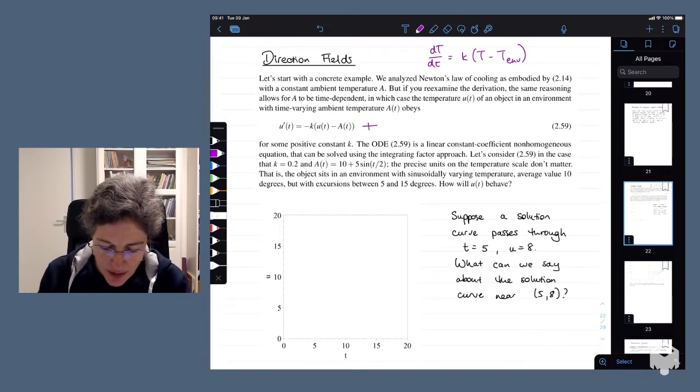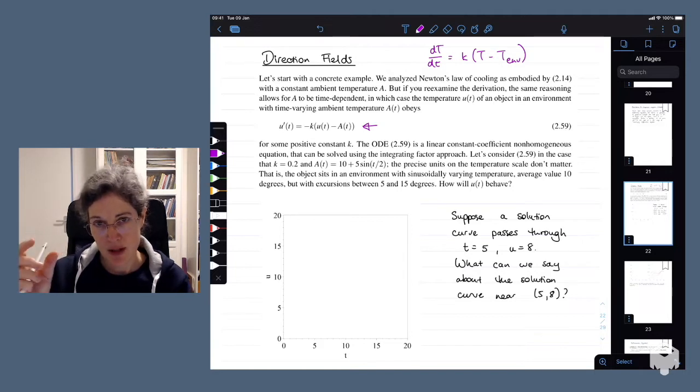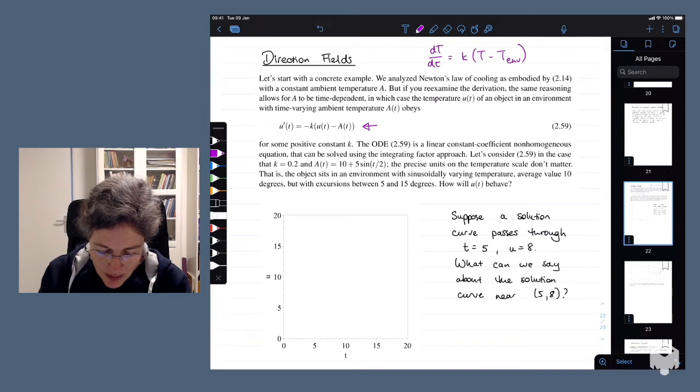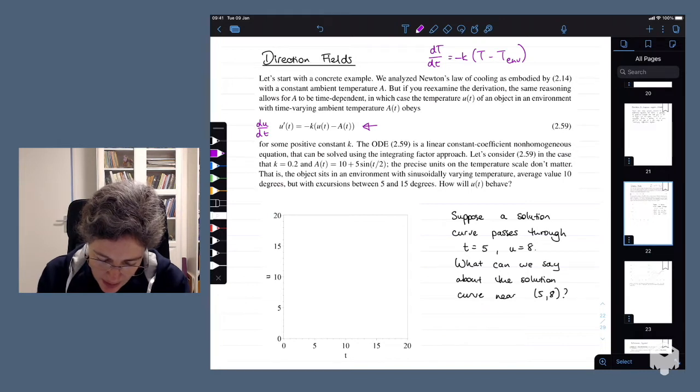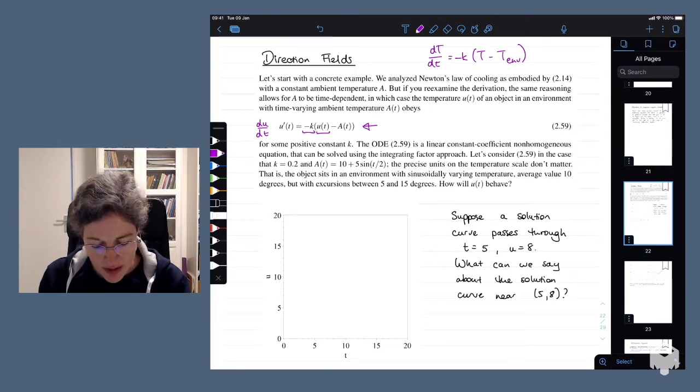I'm replacing my big T with a U, so that I'm not using two T's. So here I've got my du/dt, and I had a minus sign there, sorry about that, because we want it to decrease. So here's our minus k, nothing's changed there, and I've got my temperature, which in this case is u.